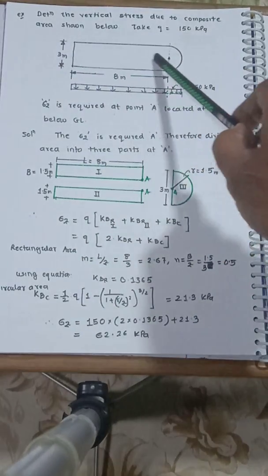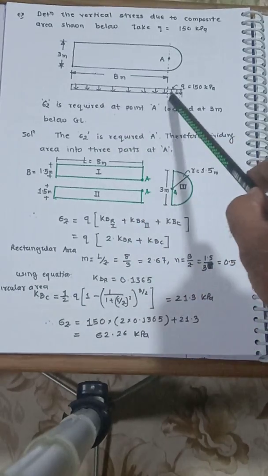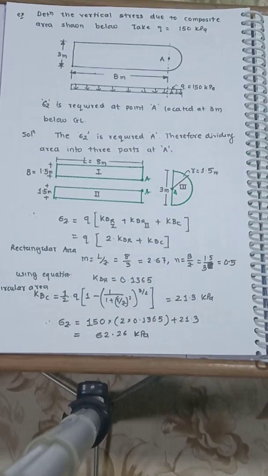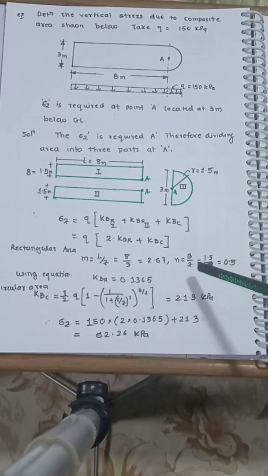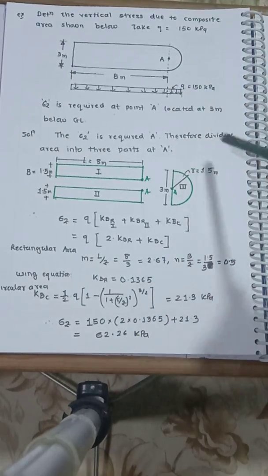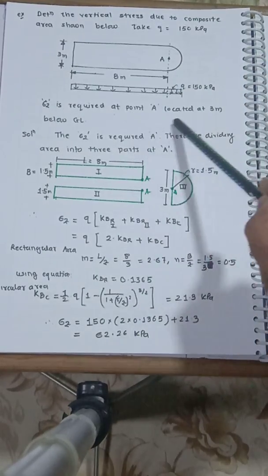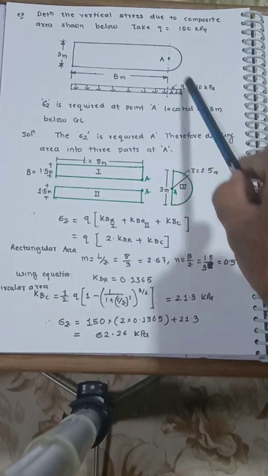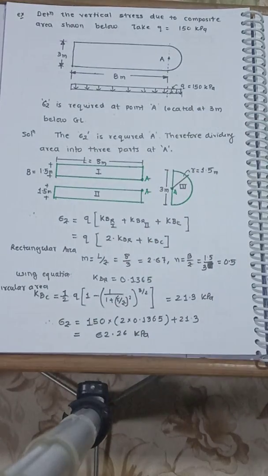In cross section it exerts a pressure of 150 kilopascal, and we have to find sigma z at a depth of 3 meters below the ground level.